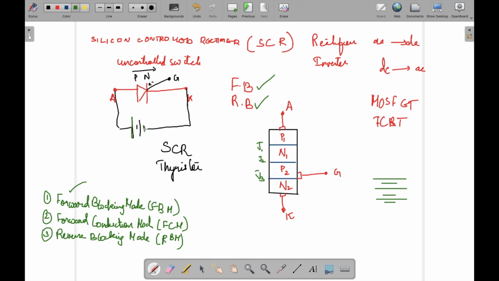That is what is called forward mode, whether it's blocking mode or conduction mode. So I'm going to connect the anode to the positive, and the cathode to the negative of the source. This is my battery source.